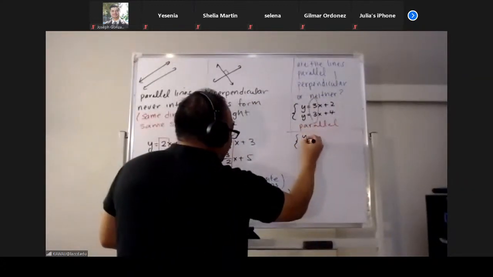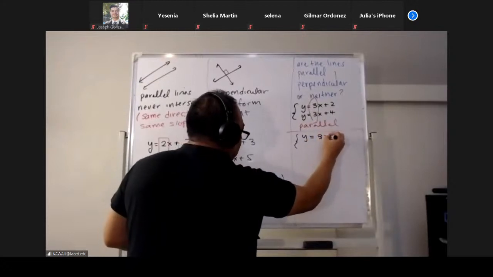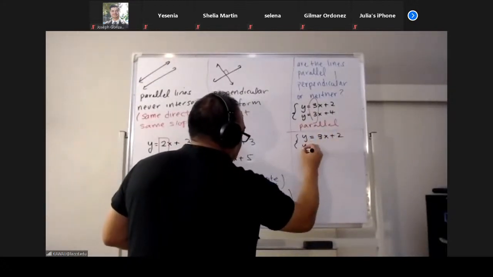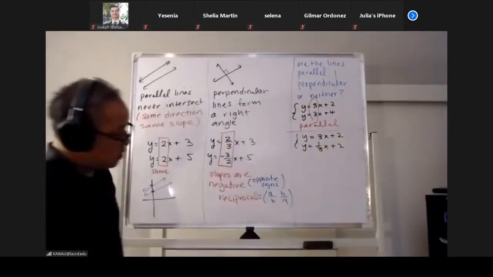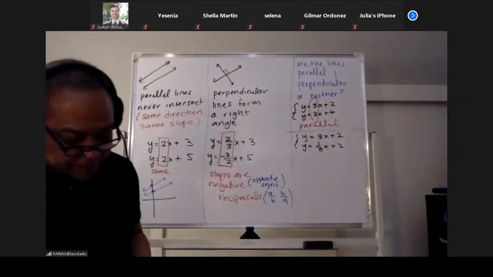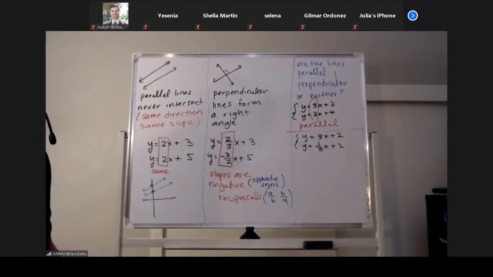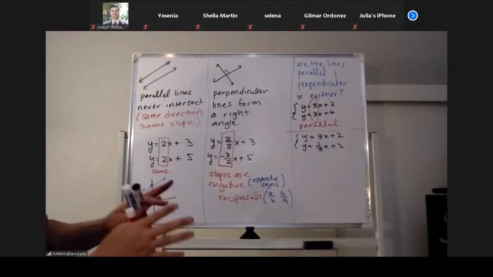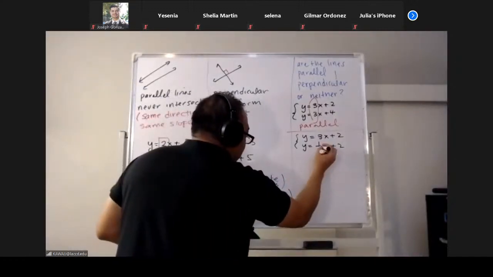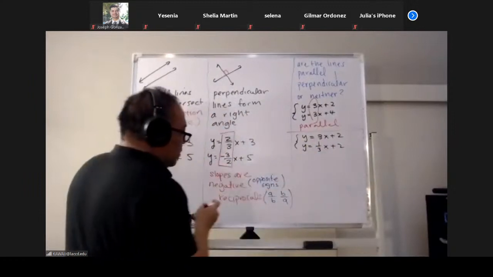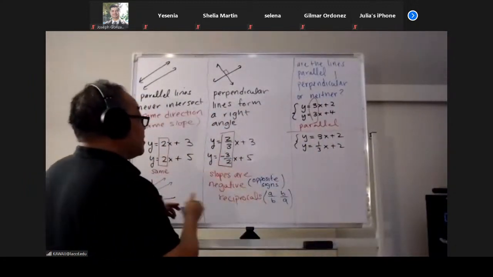Now, if we have something like this, that is neither, because even though these are reciprocal, they're not opposite sign.